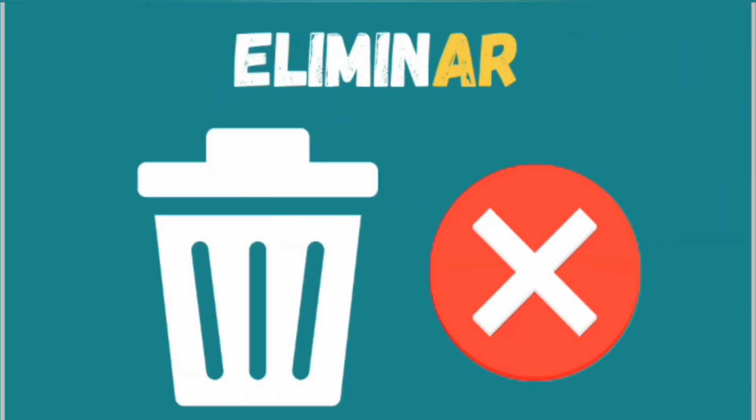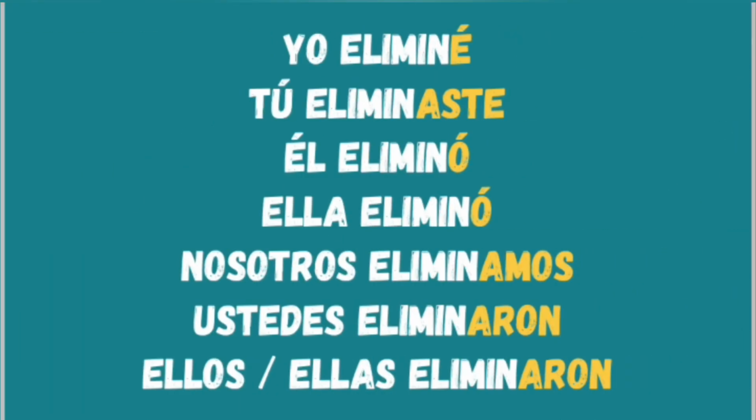And now we have this verb to remove or to delete, which means in Spanish, eliminar. Okay? So let's see how we're going to conjugate this verb in the indefinite past. If you want to say, I removed or I deleted, then you have to say, yo eliminé.